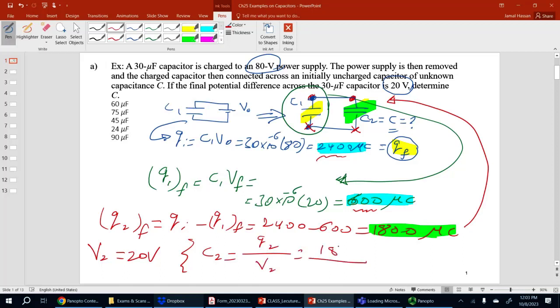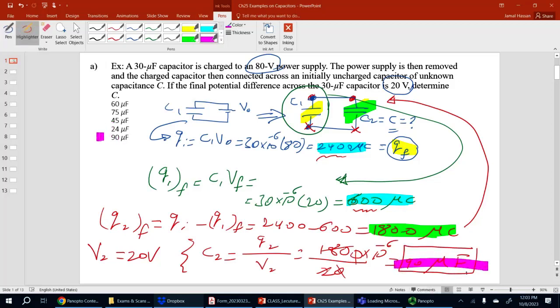So it is 1800 times 10 to the power minus 6, and V2 is 20. So this divided by that should be 90 microfarad. Okay, so it looks like this is the answer.